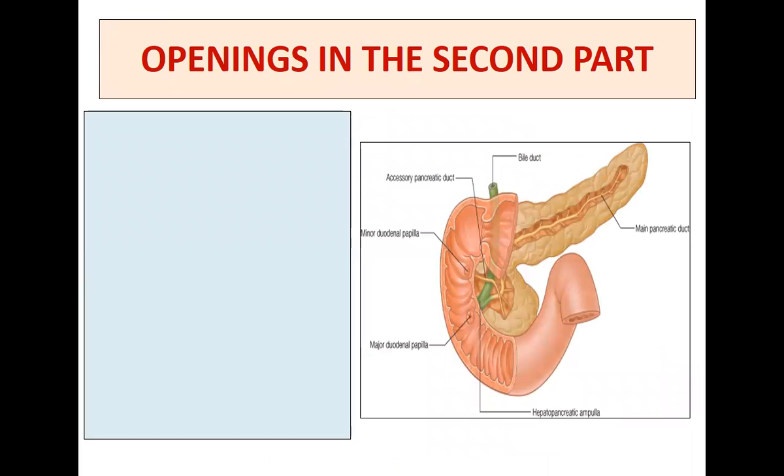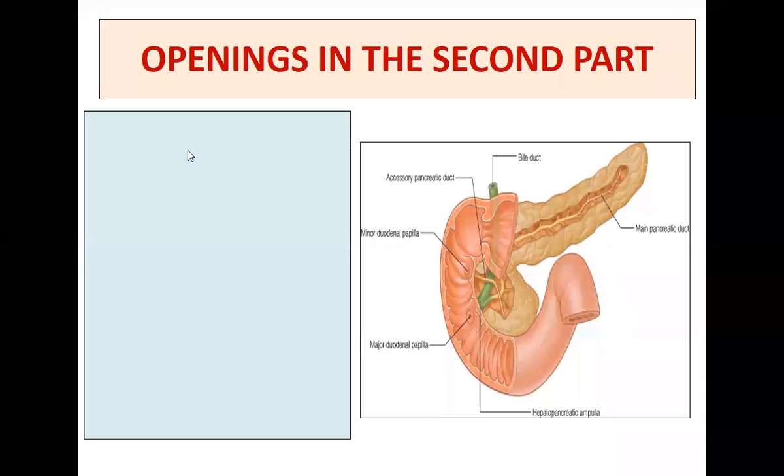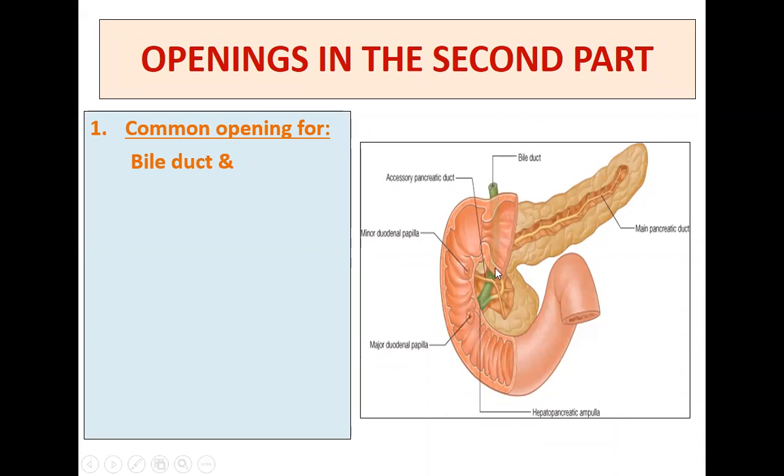Then if you cut and open the second part, you can see some important openings. Okay, what are those openings? The very important opening is the opening of the bile duct and the main pancreatic duct. These are two ducts, bile duct and the pancreatic duct.